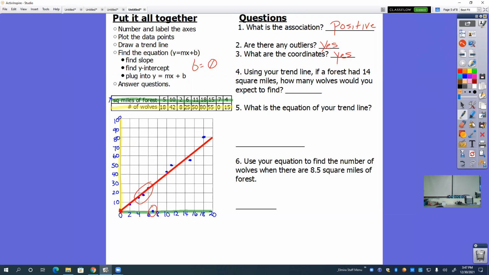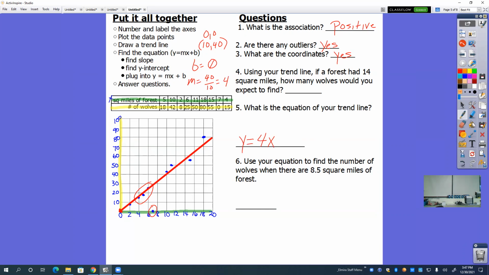So 0, 0 and 10, 40. So 40 minus 0 is 40, 10 minus 0 is 10. So m equals 40 divided by 10, which is 4. Okay. So our equation of our trend line would be y equals 4x plus 0, but we don't need to add 0.